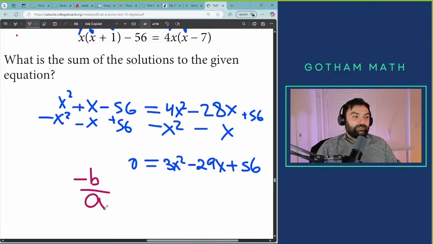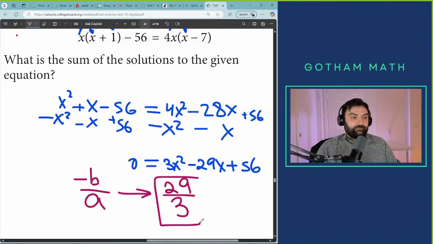If you go ahead and find the solutions and then add them, it's going to take a while. But if you know this specific formula, it takes you seconds. Negative b, which means 29, over a, which is 3, and that's it. That's the answer.